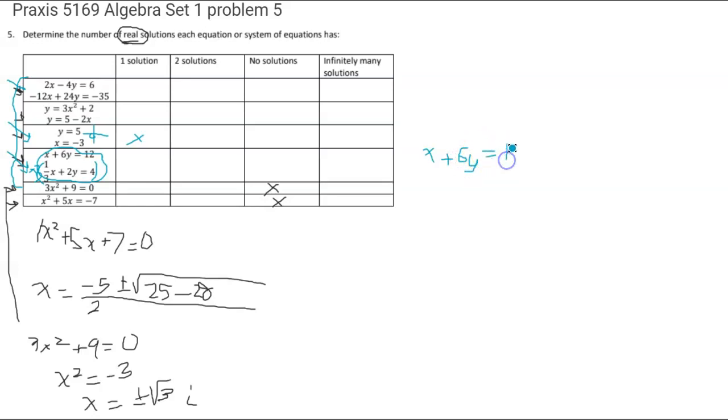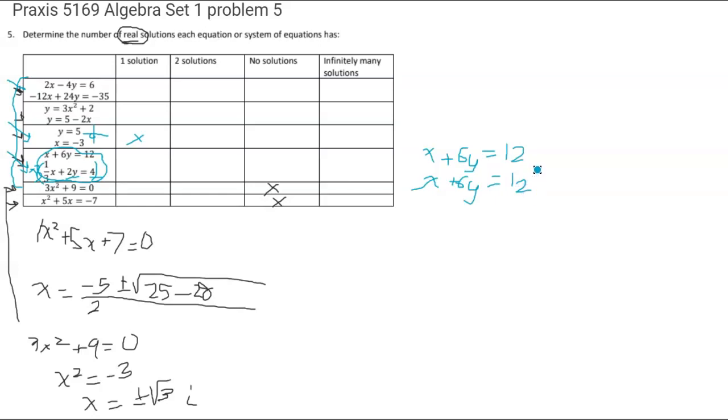And then I'm going to clear out that fraction by multiplying everything by 3. So 1/3 x times 3 is x, and 2y times 3 is plus 6y, and 4 times 3 is 12.